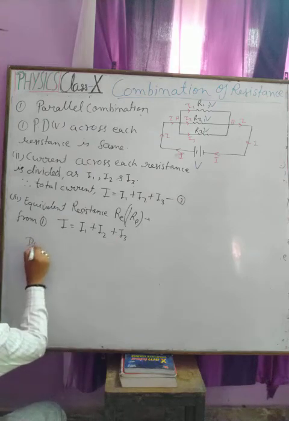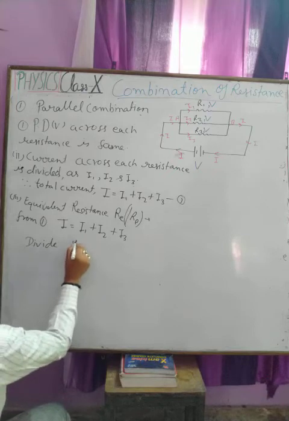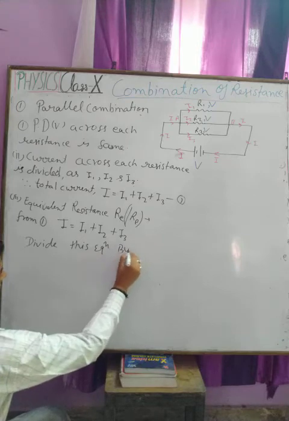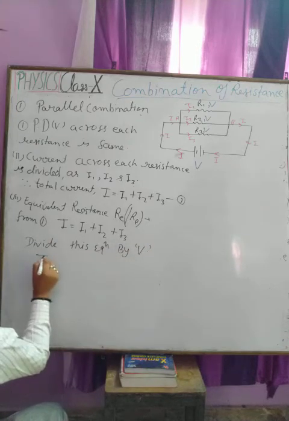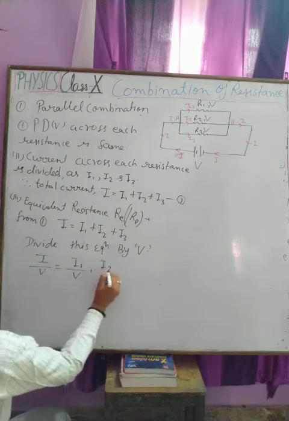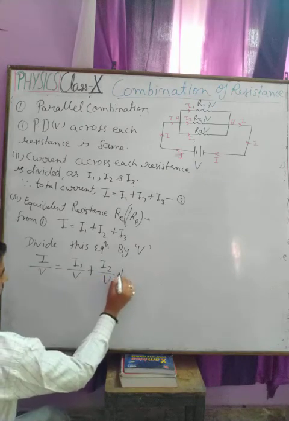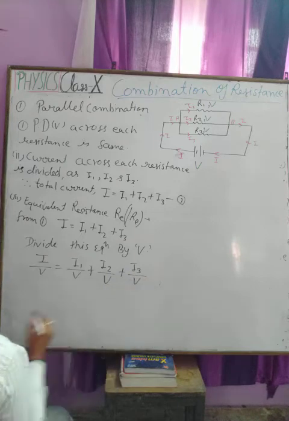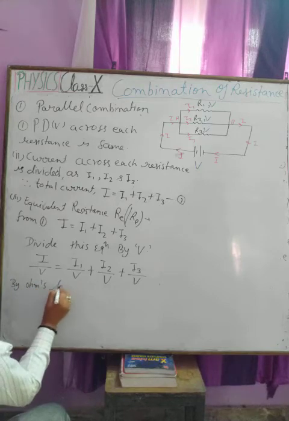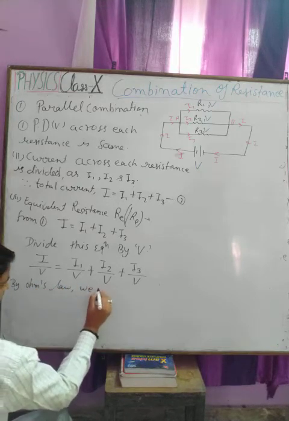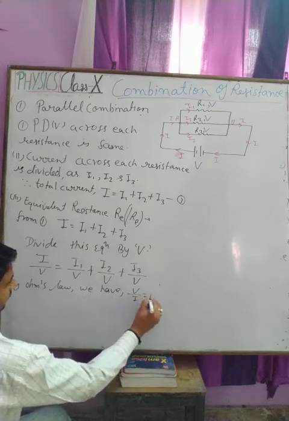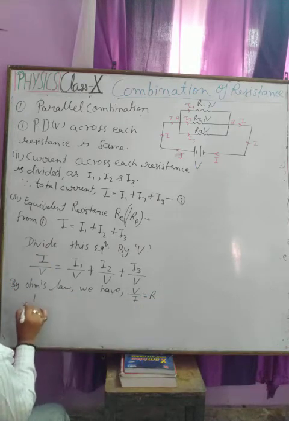Divide this equation by V. We are getting I upon V, I1 upon V, I2 upon V plus I3 upon V. By Ohm's law, we have V upon I is equal to R. So we are using this.